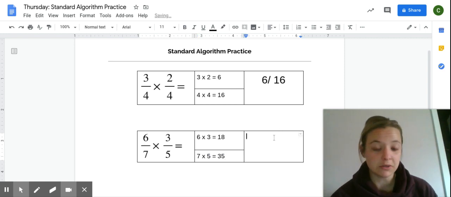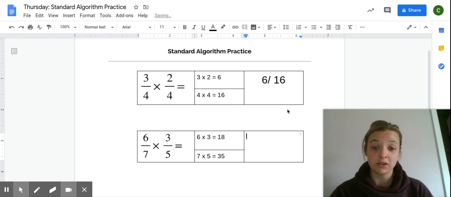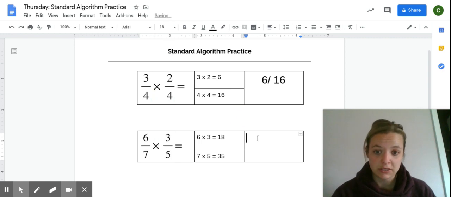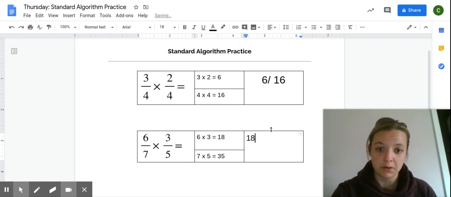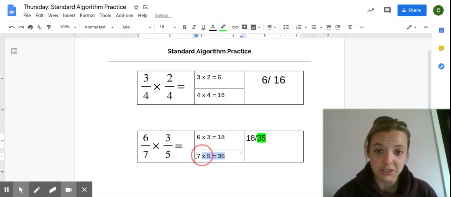It's really important that you still write your fraction. When you're writing your fraction or typing it out, you need to type the numerator first. So my numerator, that top number, is 18/35. Just to show you, my denominator, which I typed second, is in green, which I got from multiplying 7 times 5.